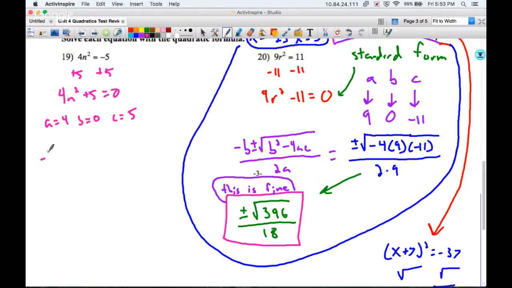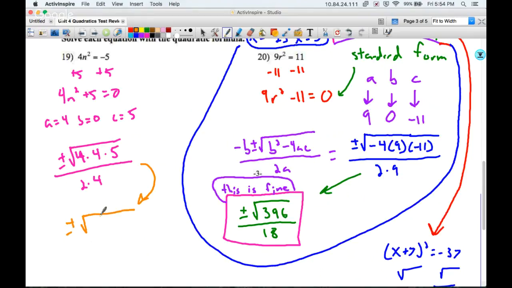We get negative B, so negative 0, plus or minus the square root of B squared minus 4 times A times C, all over 2 times A. This simplifies here to be plus or minus the square root of 16 times 5, 80, all divided by 8.